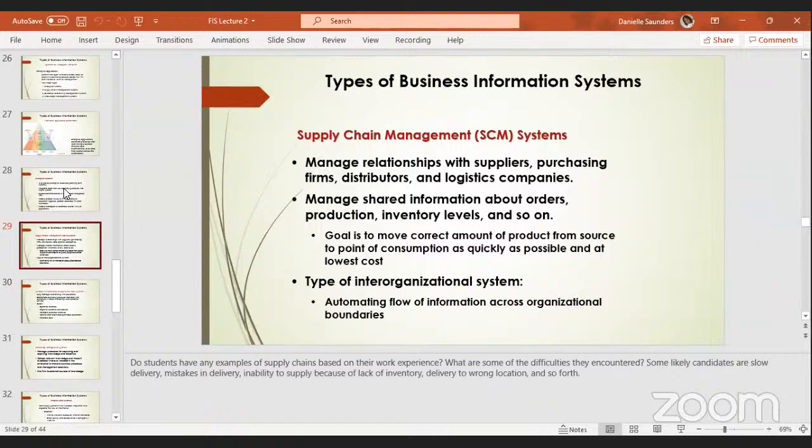And a good supply chain management system, whether it's manual or automated, will manage relationships between the suppliers, the purchasing firms, distributors, and any part of the system. It manages shared information in order to reduce the cost of inventory and the like. Every company wants to get things there on time and not have too much inventory, because that tends to cost money. And if it's done right, you can have relationships between organizations work well. Next slide.